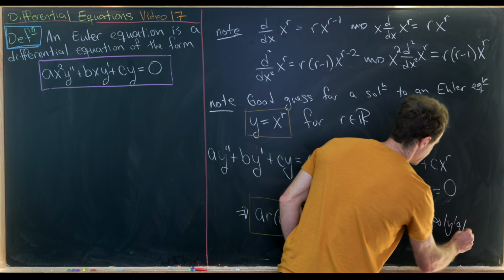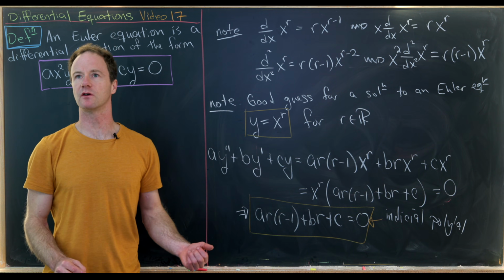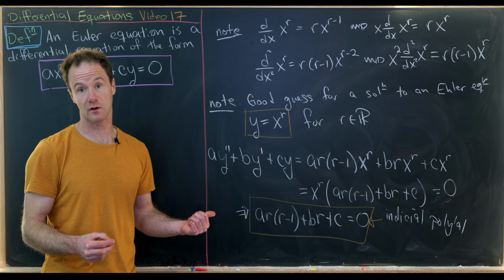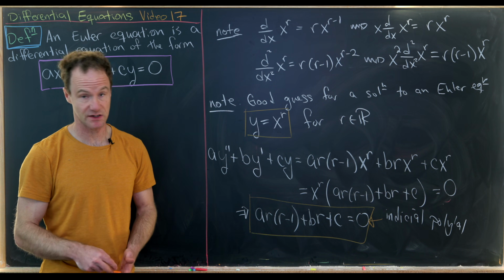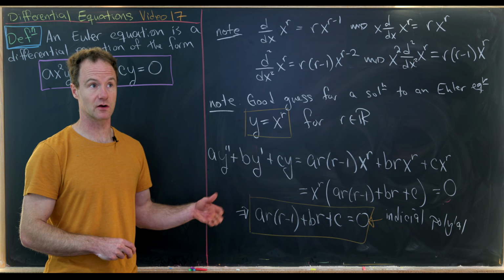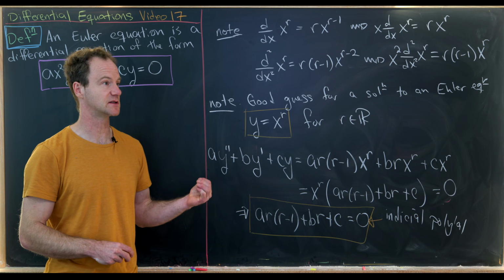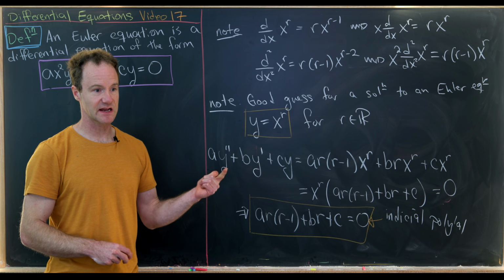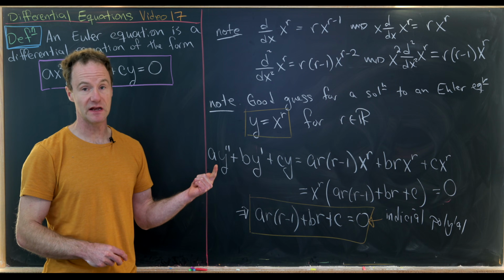And so this might look pretty similar to when we had polynomials associated to second order linear differential equations with constant coefficients. And in that case, we had to split our result into three cases. The first case is if we had distinct real roots. The second case is what happened if we had a repeated real root.